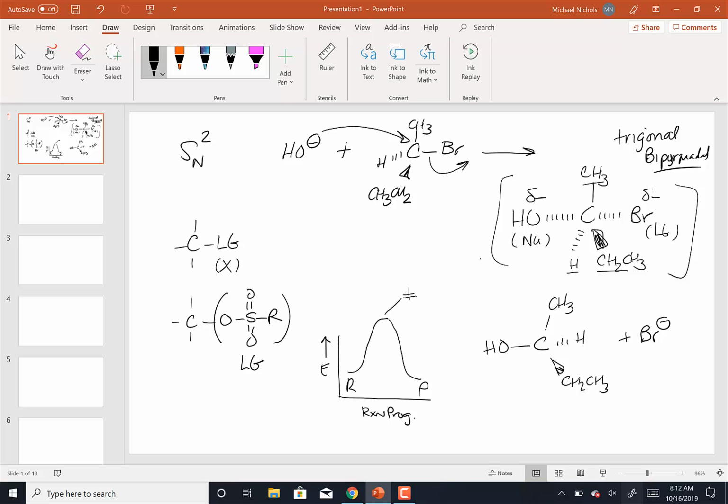But I'll also probably give you some graded homework problems where you're writing mechanisms as well. Okay. Now, the question about the mechanism for SN2, as people did the kinetics, they found that the rate of the equation equals K times the concentration of the nucleophile to the first power times the concentration of the alkyl halide to the first power.